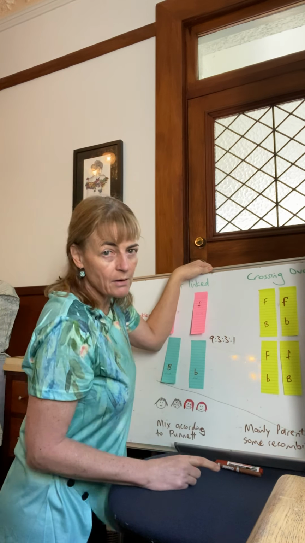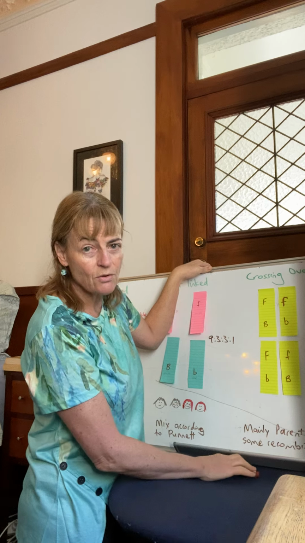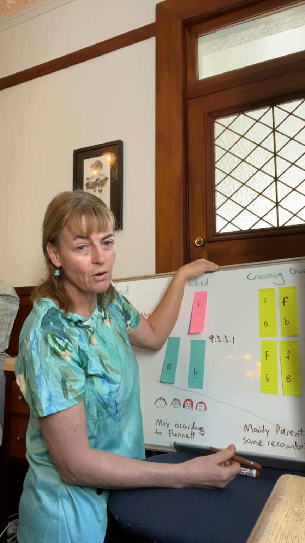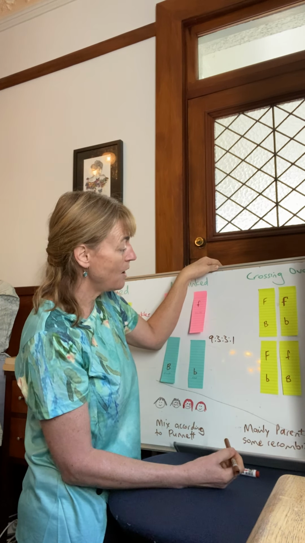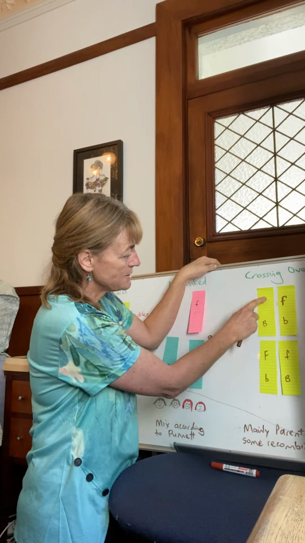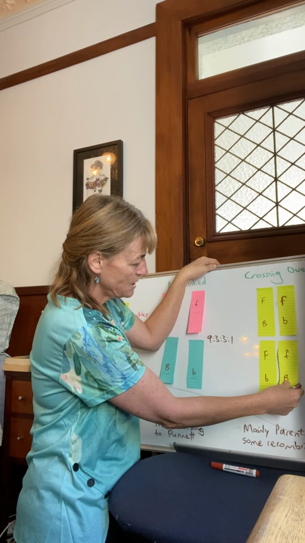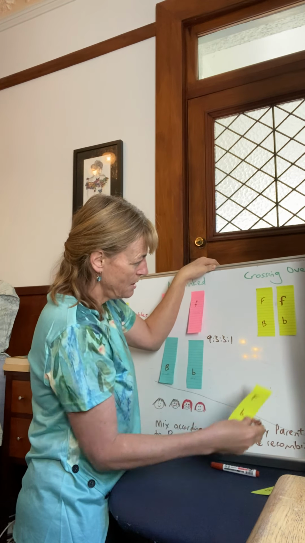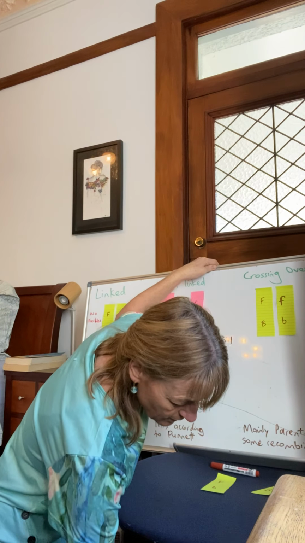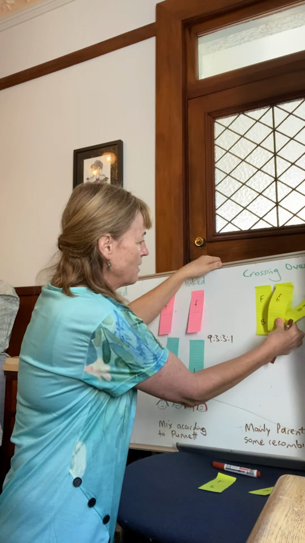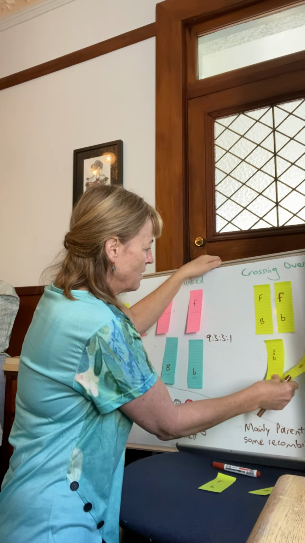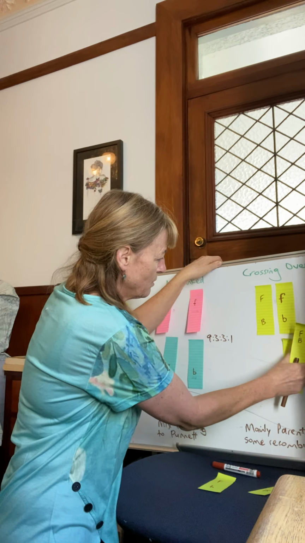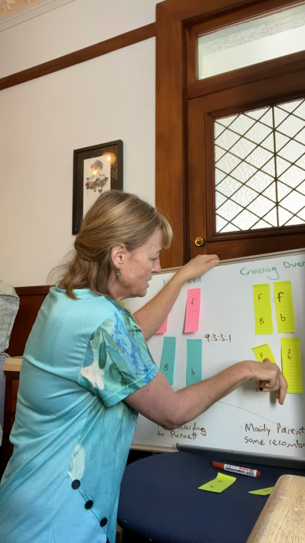One more thing about linked genes that cross over is the amount of recombinants you get will depend on how close or far apart these are to each other. So if I just take that one away and put up this instead. In fact, we don't even need both of them. Okay, so here's 2 versions.